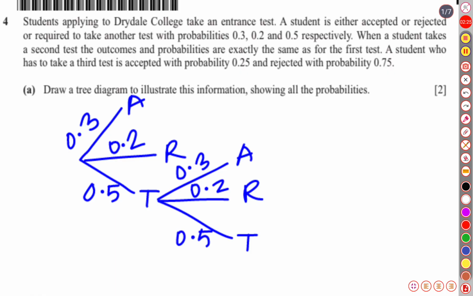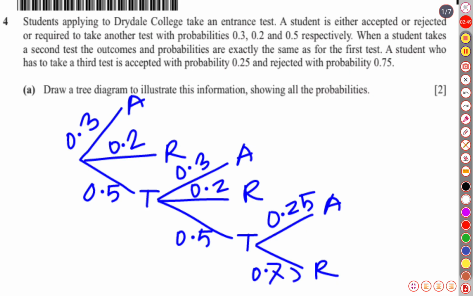Then in the third case, if someone attends two tests back to back, he has only two possibilities: either he will be accepted or rejected, and the probabilities are 0.25 or 0.75. So this is the tree diagram of the probabilities. Okay, then let's move on to the immediate next question.